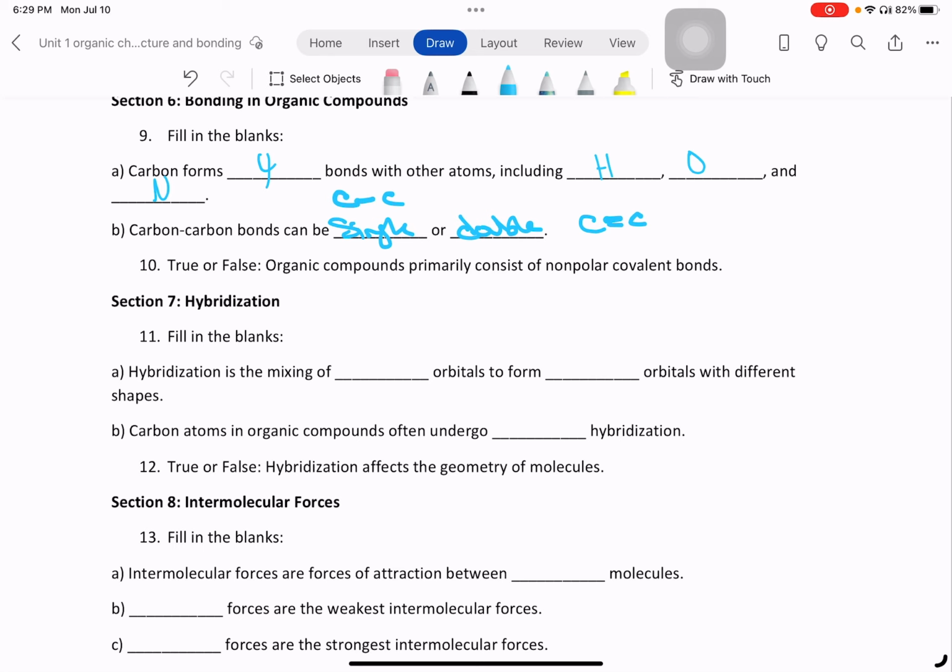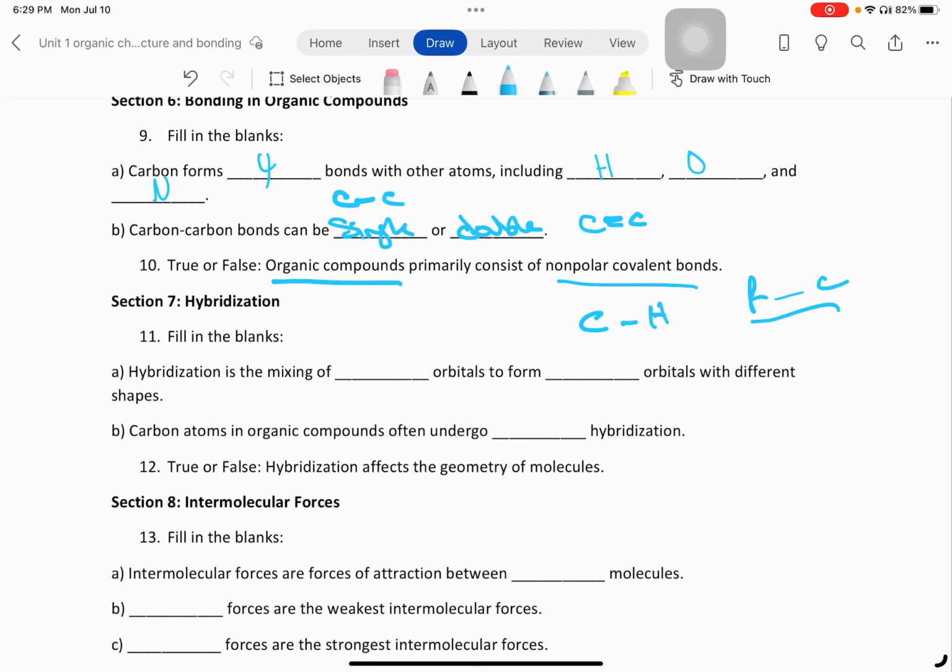True or false: organic compounds primarily consist of non-polar covalent bonds. Non-polar means that we don't have a large electronegativity difference between two atoms. For example, C-F is a polar bond, but C-H is not a polar bond.